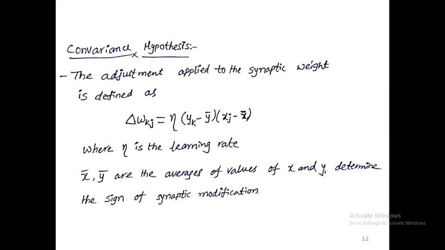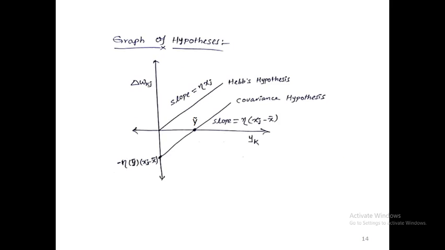But we need to find the yk value, so neta and xj minus x bar are not required. Only yk minus y bar equal to 0, because yk is the x-axis value. That's why yk equal to y bar is the point on the x-axis when del wkj is equal to 0.